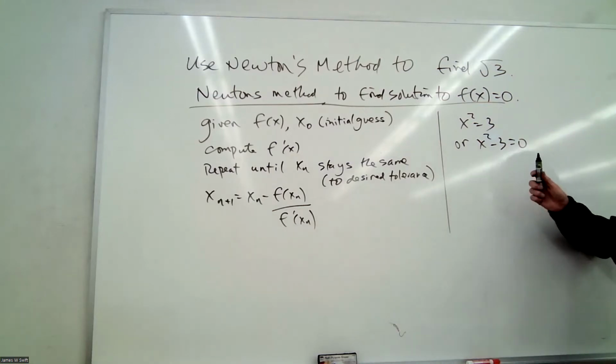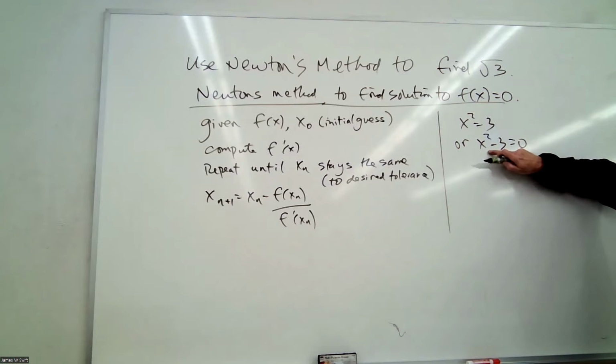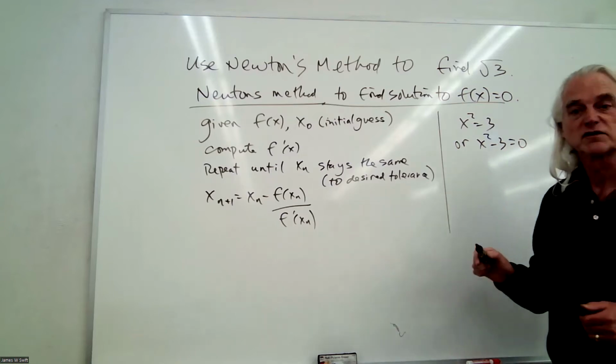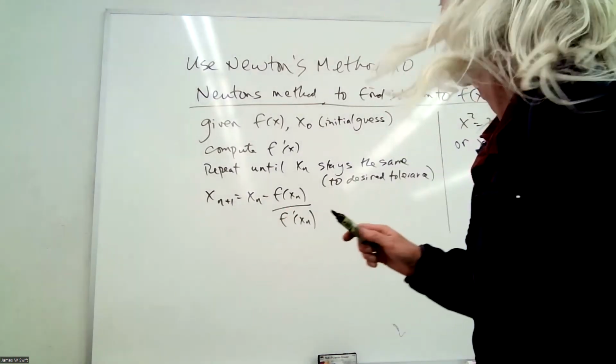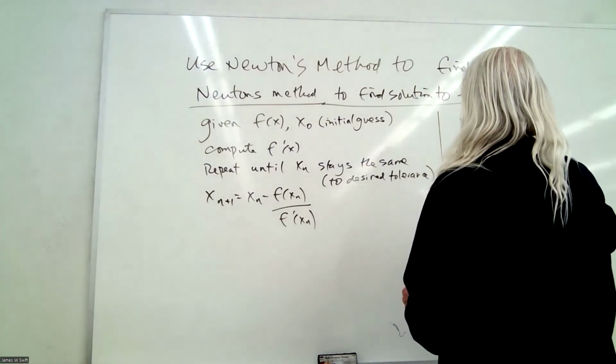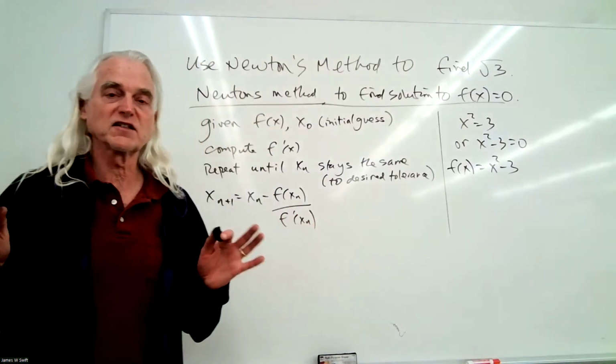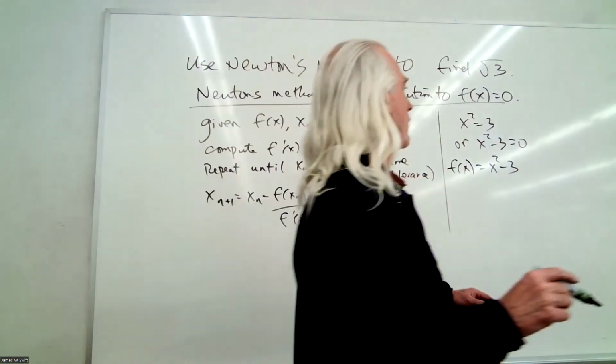If I have a square root of 3, it satisfies x squared is 3, or x squared minus 3 is 0. So that gives me the f of x. So my f of x is x squared minus 3, and that's the function I want to find a 0 of.